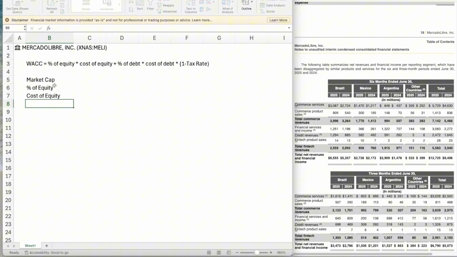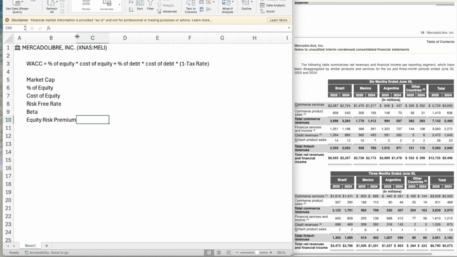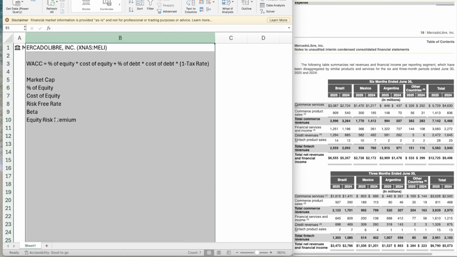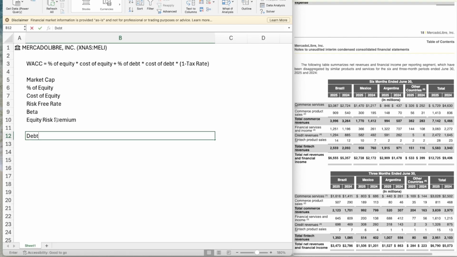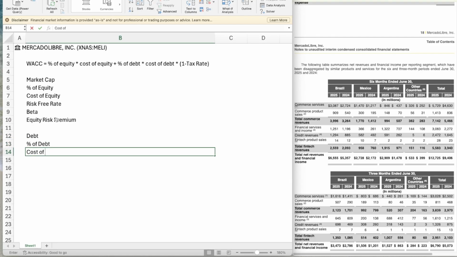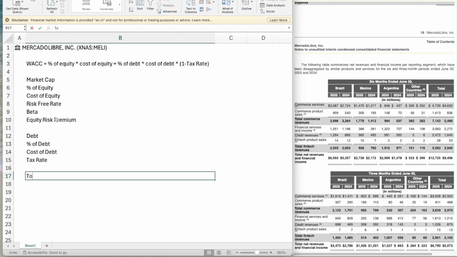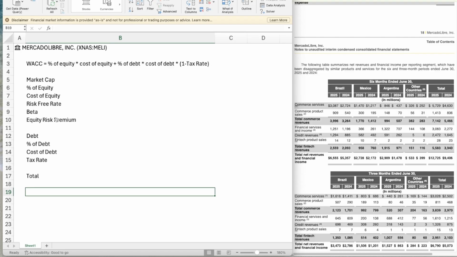Cost of equity, percentage of equity. So market cap, percentage of equity, cost of equity. And then the cost of equity is the risk-free rate, the beta, the equity risk premium, the ERP, then we have debt, the percentage of debt, the cost of debt, the tax rate, the total, and the WACC.